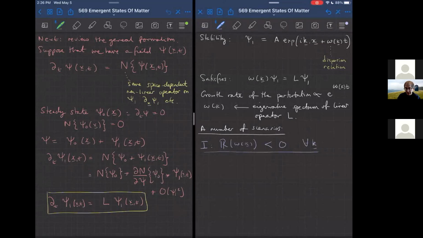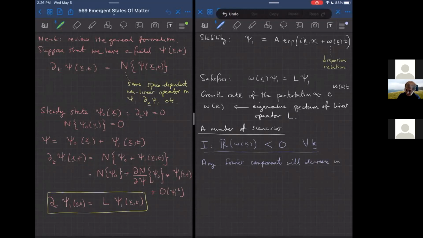What that says is I take any Fourier component of the perturbation, and that's going to exponentially decrease in amplitude. And that means that the state psi naught of x, the state that we're perturbing about, is linearly stable.